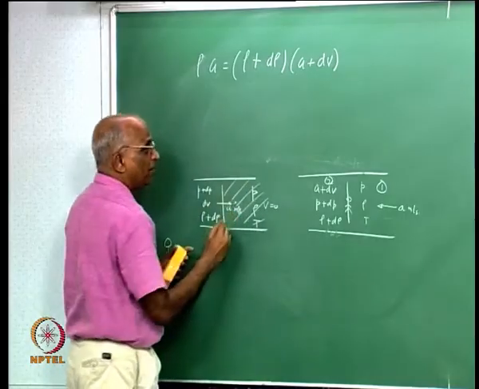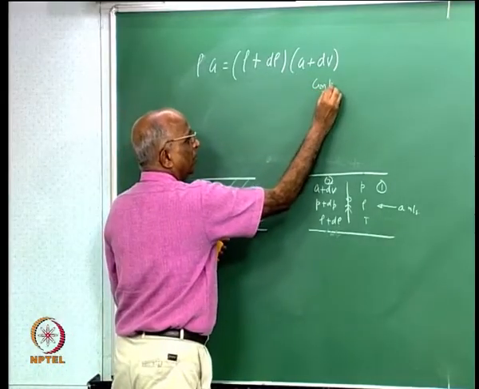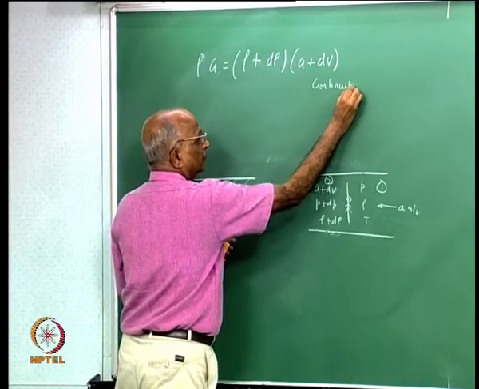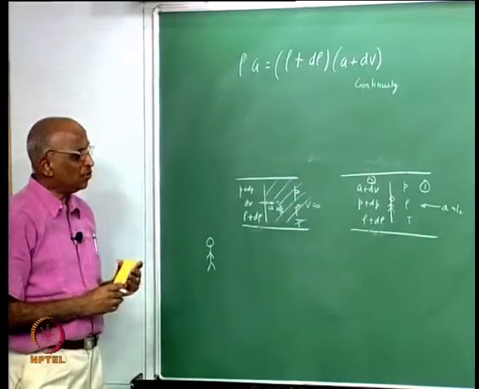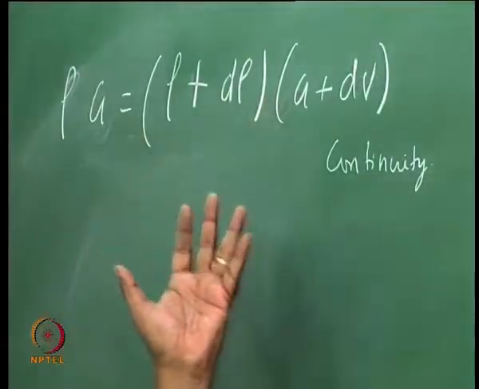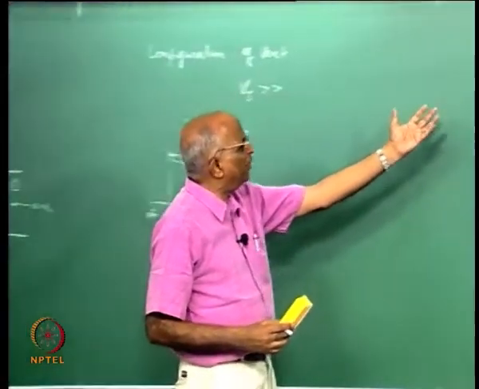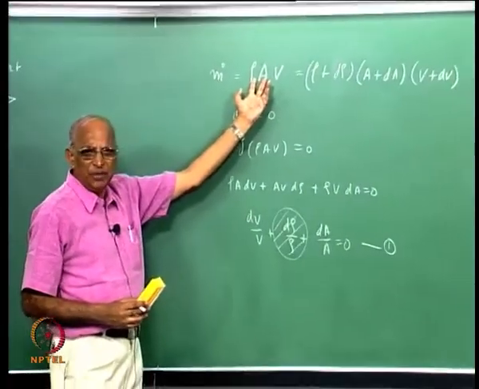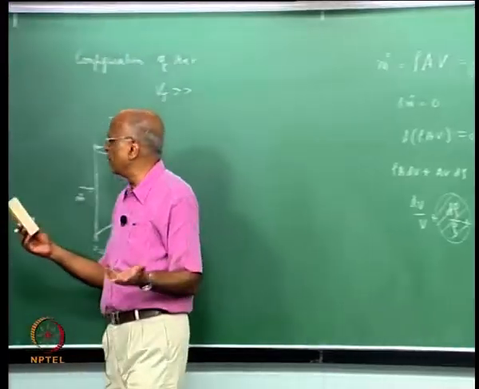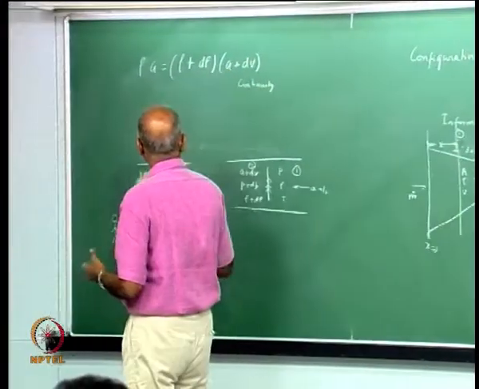This becomes my mass balance or continuity equation. You see the similarity of this equation to the equation wherein you have rho A V, where we considered a variable area. I just wanted to find out how the sound wave travels and therefore I write this.